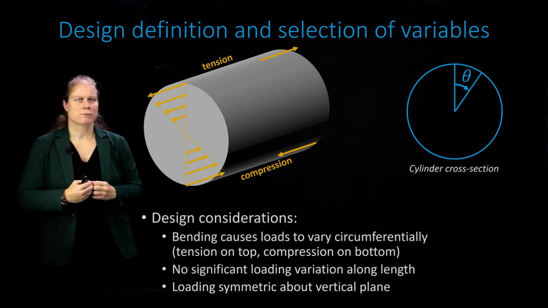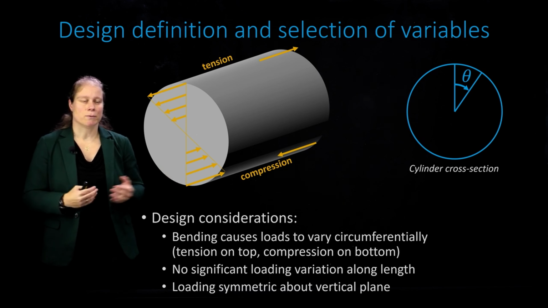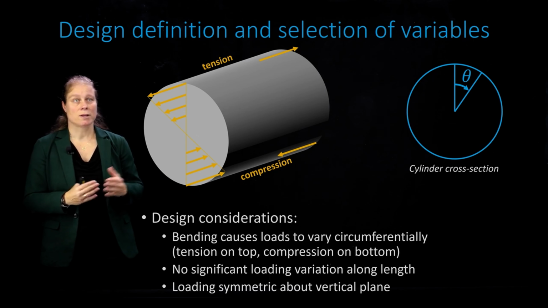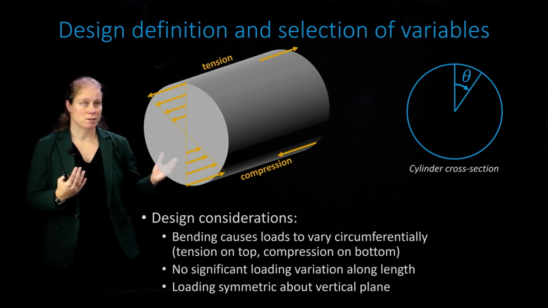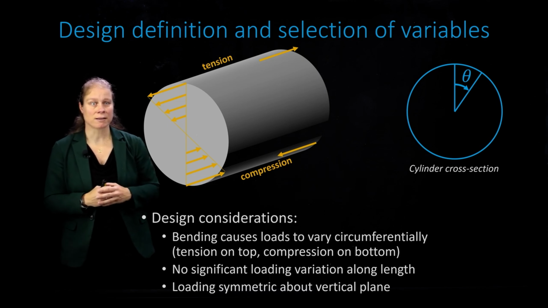You might have some boundary condition effects in the axial direction, but by and large, there's no significant loading variation along the length. We don't have any shear, so the bending moment is constant, and so you'll have a constant loading along the length.